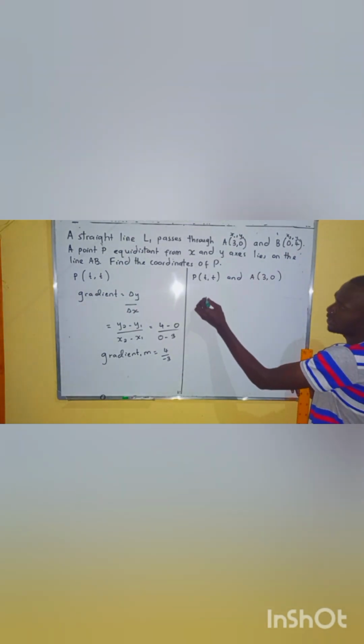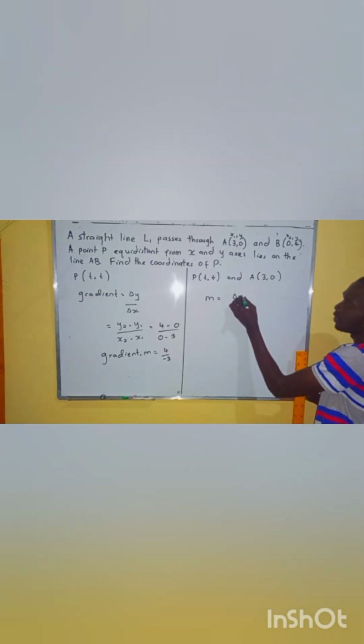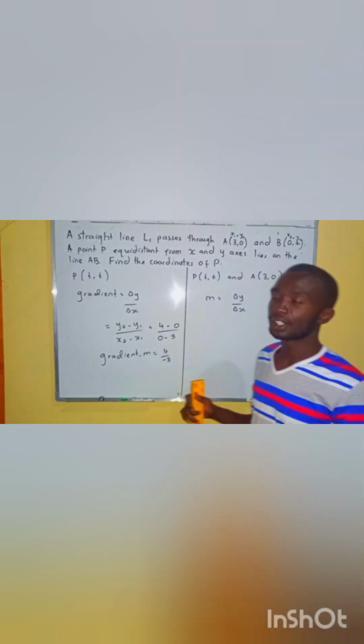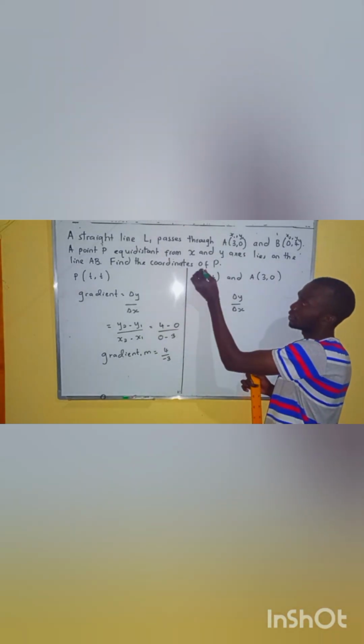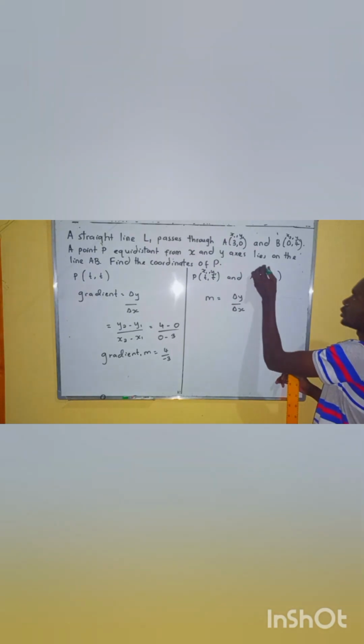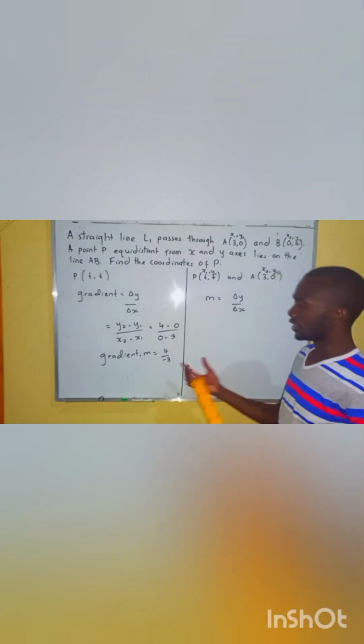So we find the gradient m, the same as the change in y over the change in x. Now I will state point P as the first coordinate (x1, y1), and this again to be (x2, y2). The gradient of the line is 4 over negative 3.